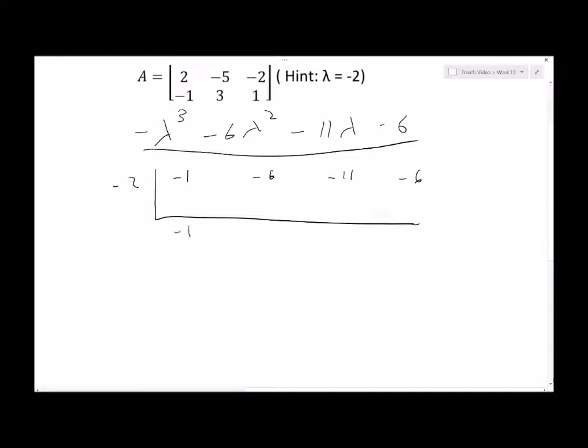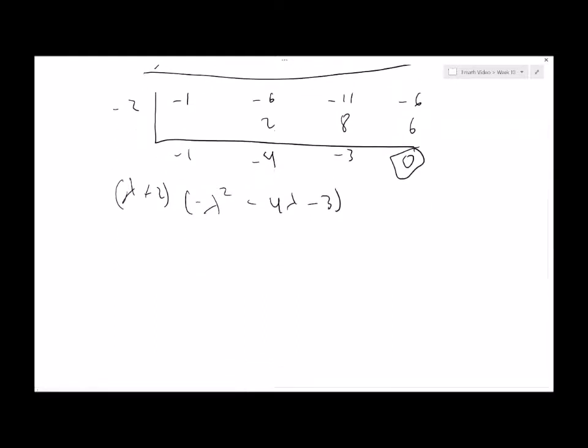It's going to be negative 1, this is going to be 2, this is going to be 4. Then this is going to be 8, this is going to be negative 3. And this is going to be 6, and this is going to be 0. So that means it worked, so we're left with lambda plus 2 times negative lambda squared minus 4 lambda minus 3, or we can factor out a negative 1: lambda plus 2, lambda squared plus 4 lambda plus 3.